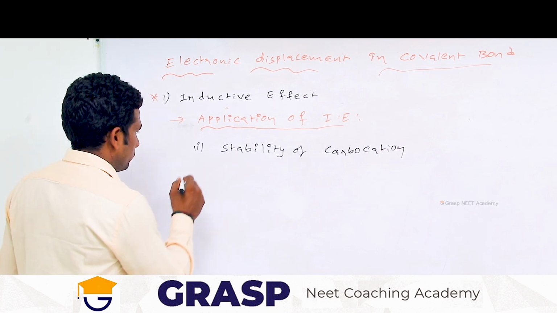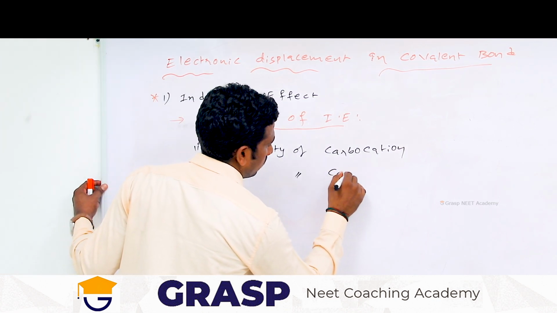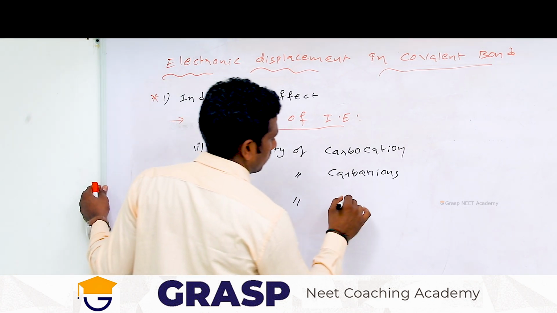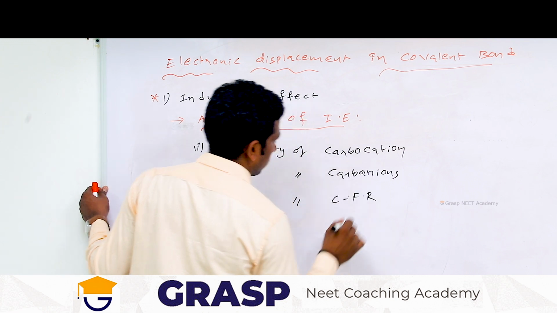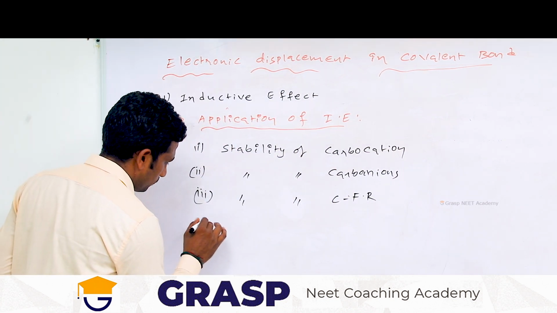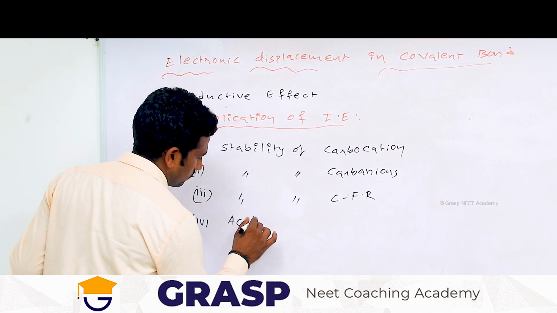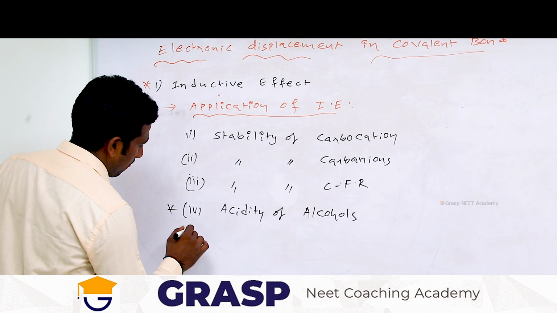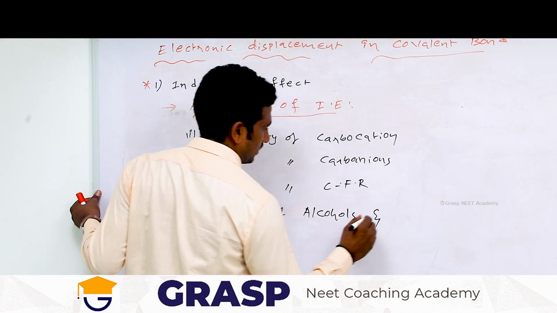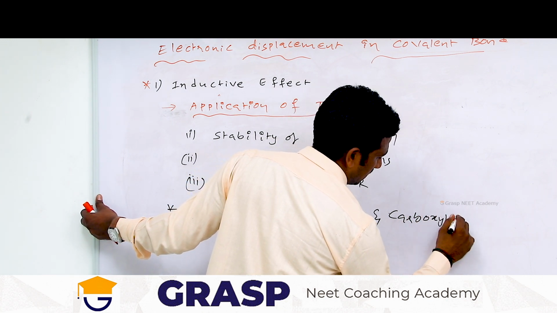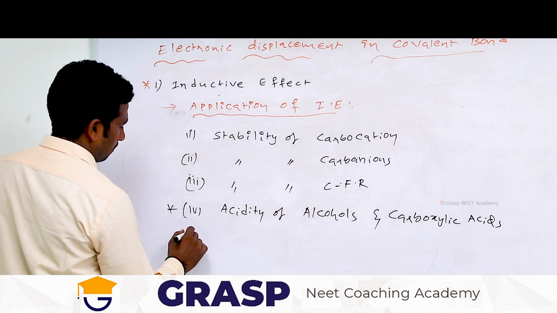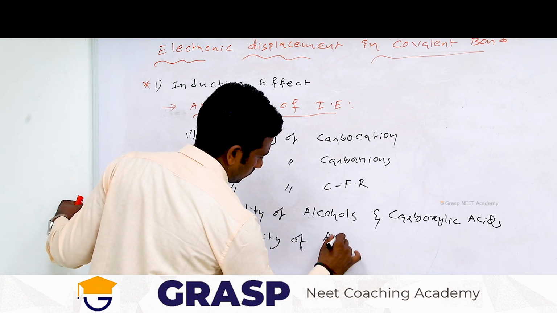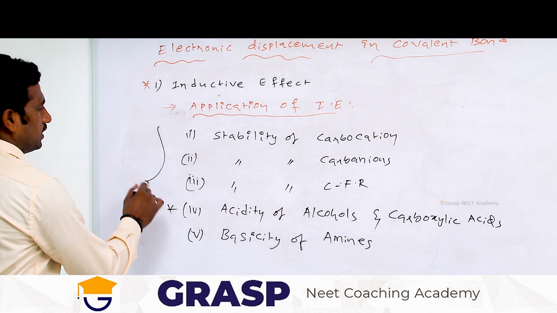Stability of the carbocation, stability of carbanions, stability of free radicals, stability of the carbon free radical, and acidity of alcohols, very important, acidity of alcohols and carboxylic acids, and basicity of amines.